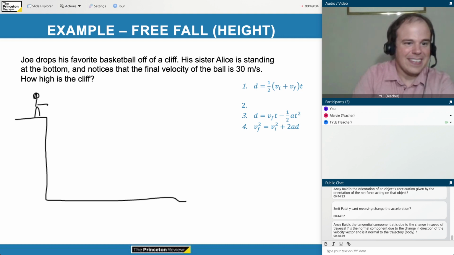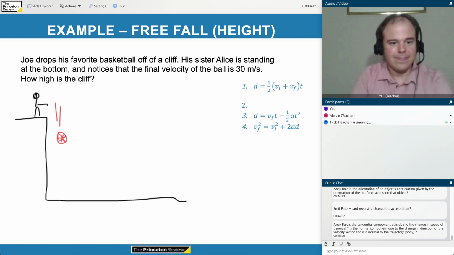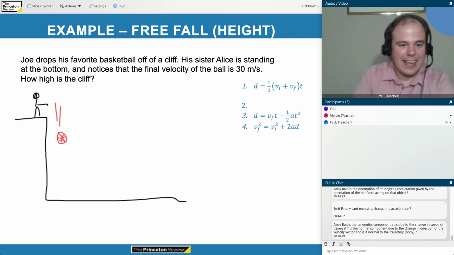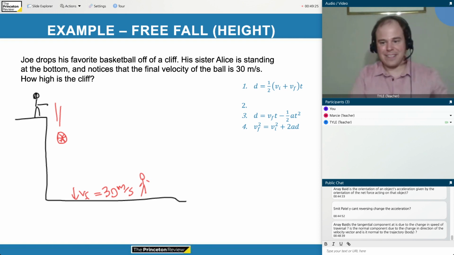All right. So Joe drops this basketball. And Alice sees that the final velocity is 30 meters per second. So how high was the cliff?